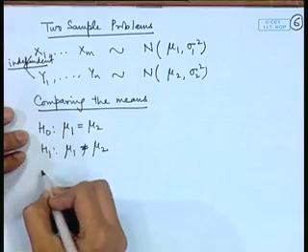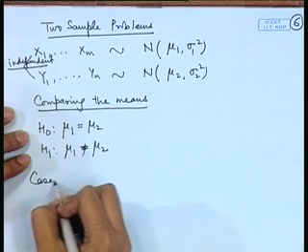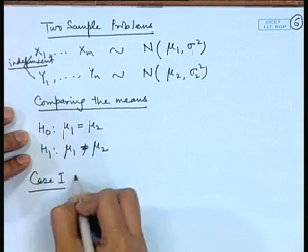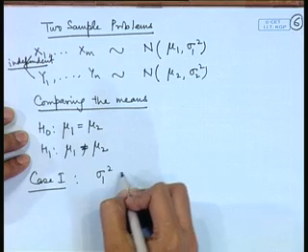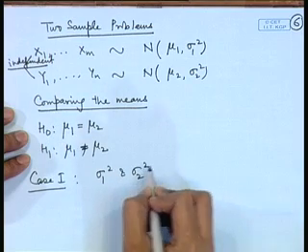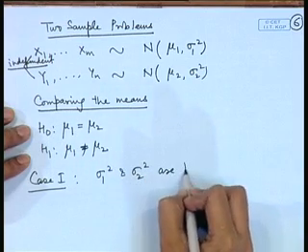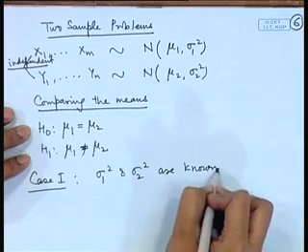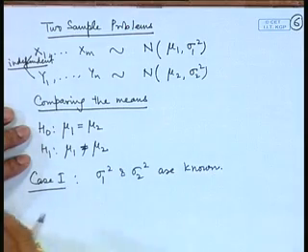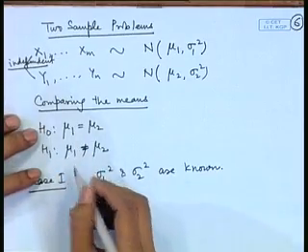Now, there are various cases here. The first case is that we may have information about sigma 1 square and sigma 2 square. This may be through some prior experiment or from past data, so the values of the variances may be known. In that case, the testing problem becomes much simpler.